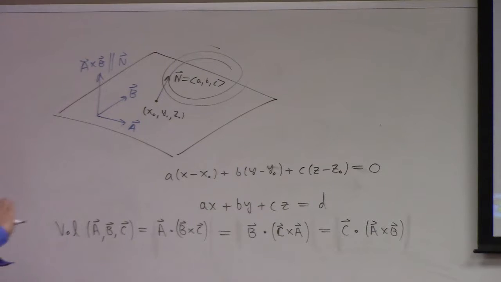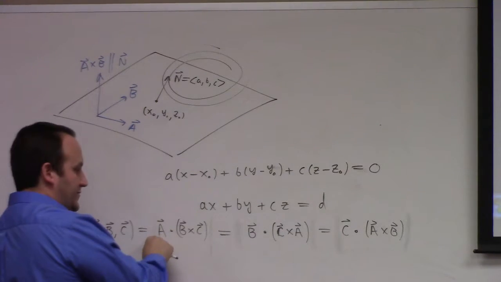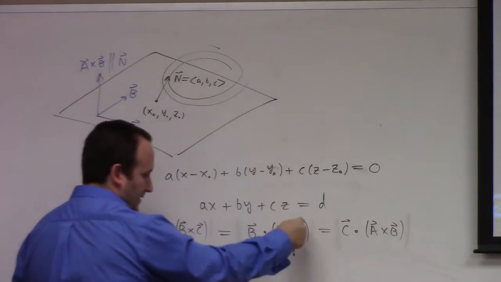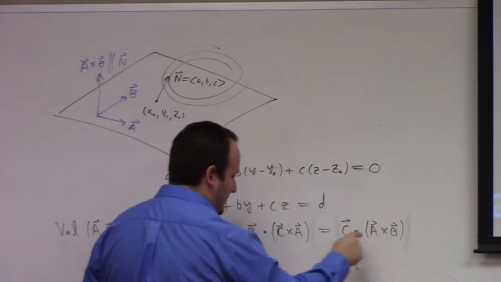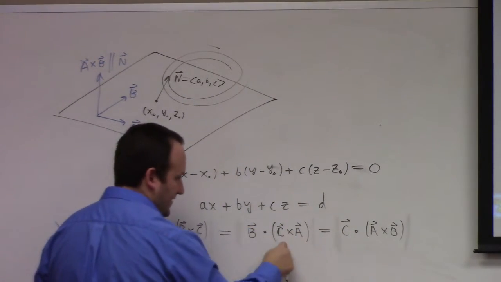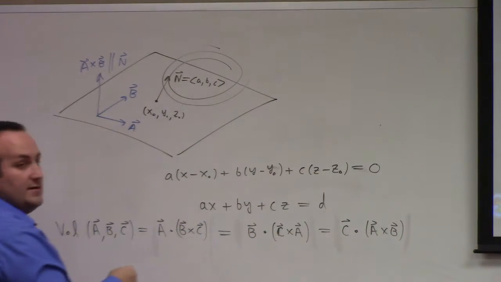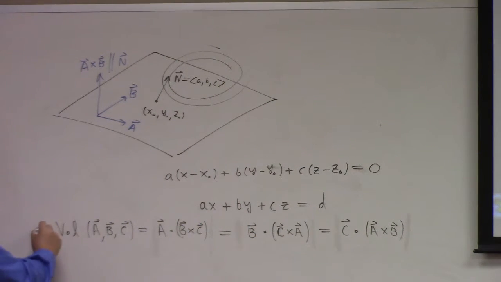If I maintain the cyclic ordering of A, B, C, these are actually equal, but then I have to put a plus or minus, because they'll either all be positive or all be negative, depending on whether A, B, C forms a right-handed triple or a left-handed triple, the more evil inferior version of triples. So it doesn't matter which vector I assign to what. You'll find the same volume. Again, we have to take absolute value to allow for the evil inferior left-handed triples.